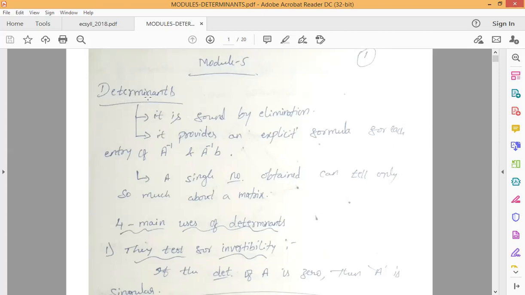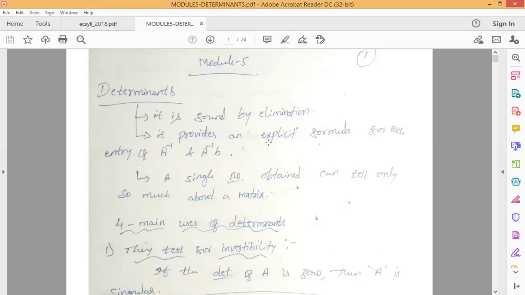Also this determinant provides an explicit formula for each entry of A inverse and A inverse B. As I told, this determinant results in a single number value which is obtained after the elimination, and it can be used to analyze the various concepts about that particular matrix.